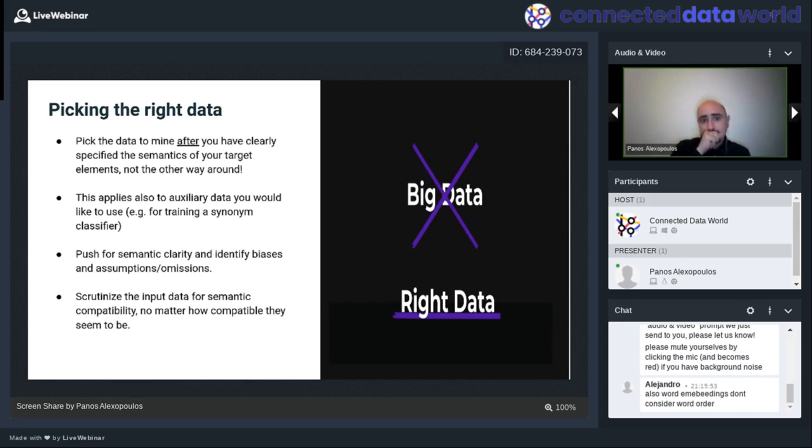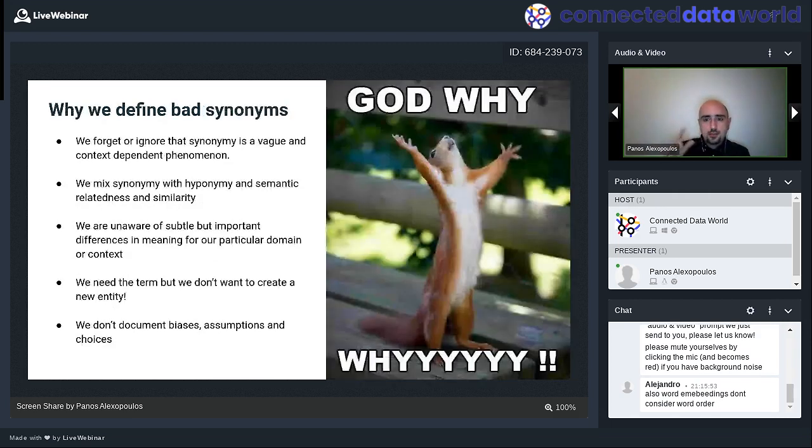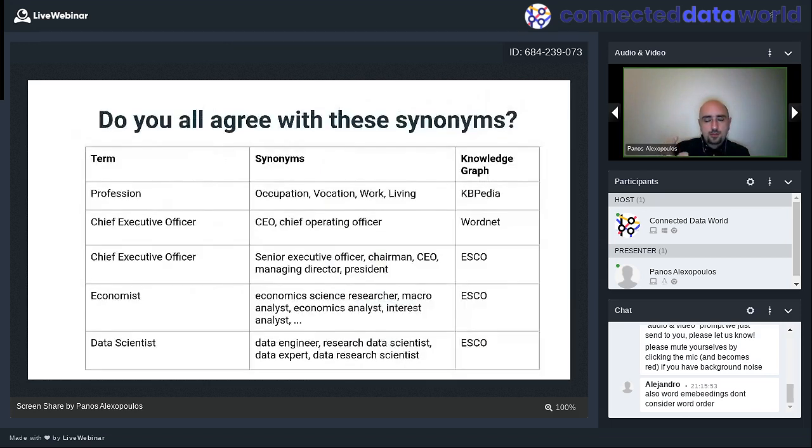And in case that for your project, for the things that you want to put in your graph, you utilize existing external data, it's important that you scrutinize them, no matter how compatible they seem to be. Go a bit back, you saw that during the relation extraction, the relation mining session, right? I used ESCO to try to train SBERT to find synonyms.